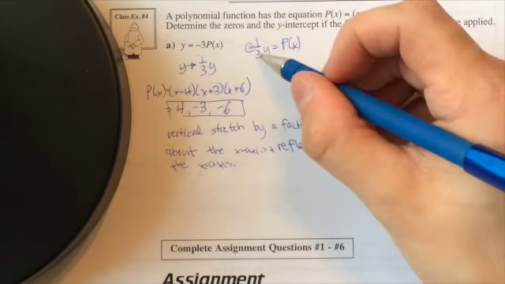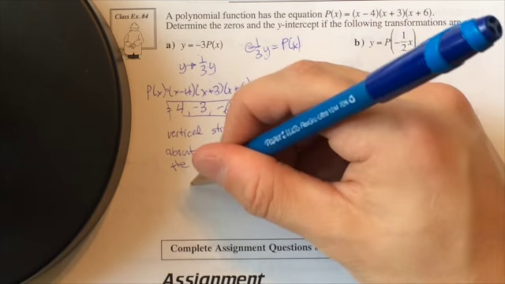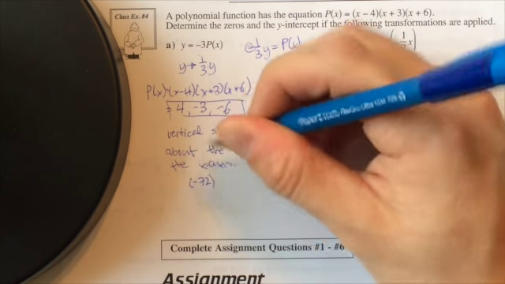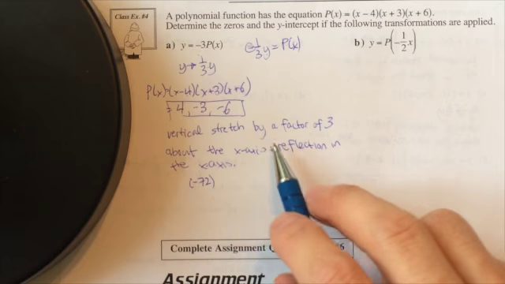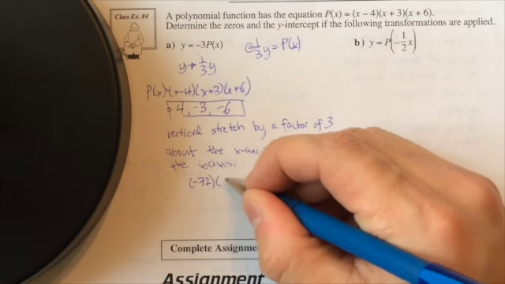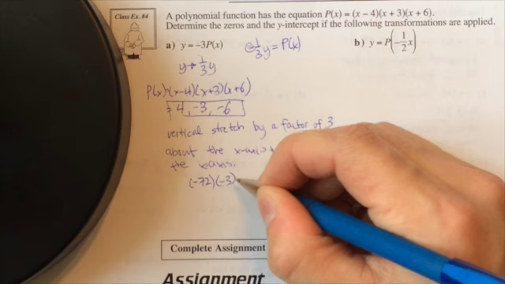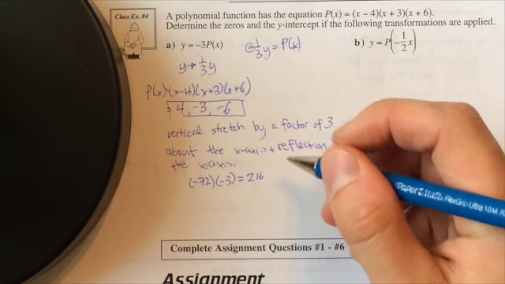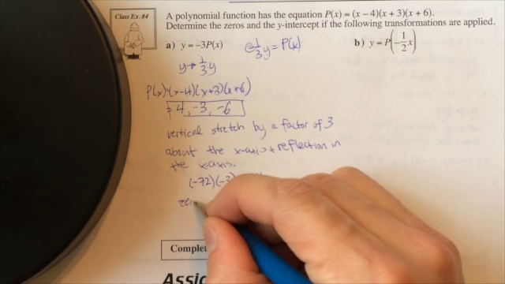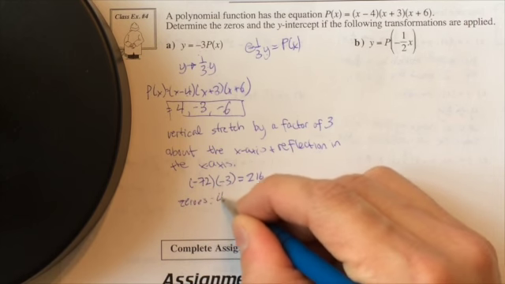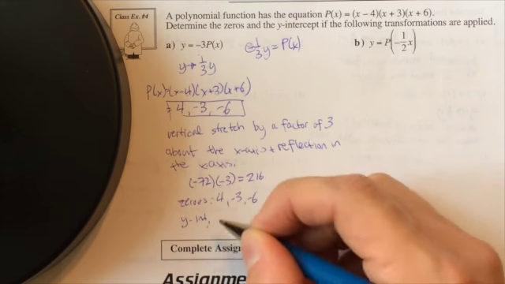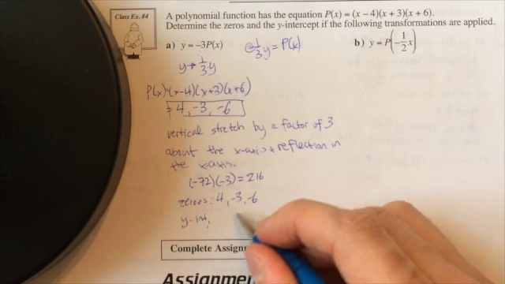So if I change this by multiplying it by negative 3, so my original y-intercept was negative 72, and if I apply a vertical stretch by a factor of 3, but if I also reflect it, I multiply it by negative 3, this is going to multiply to give me positive 216. And so our zeros are going to be 4, negative 3, and negative 6. And my y-intercept is going to be at 216.